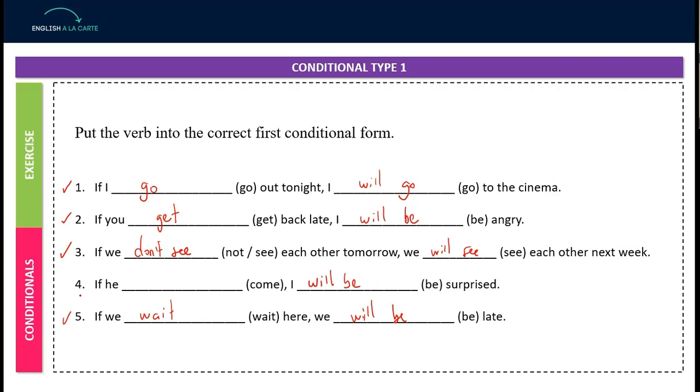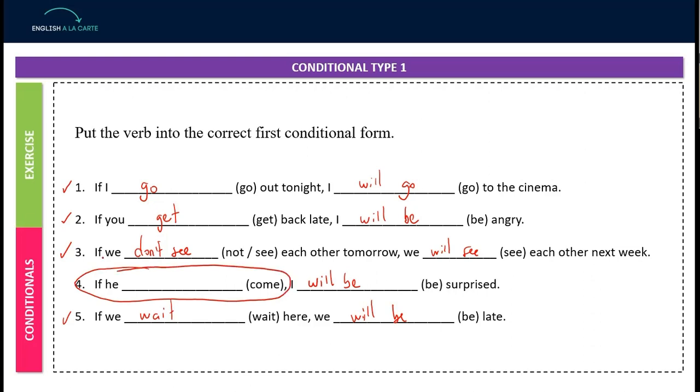So you have the formula. It says if plus subject plus verb in present simple. What is the subject in here? He.